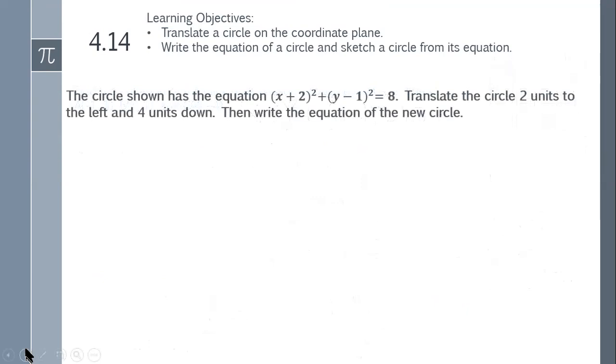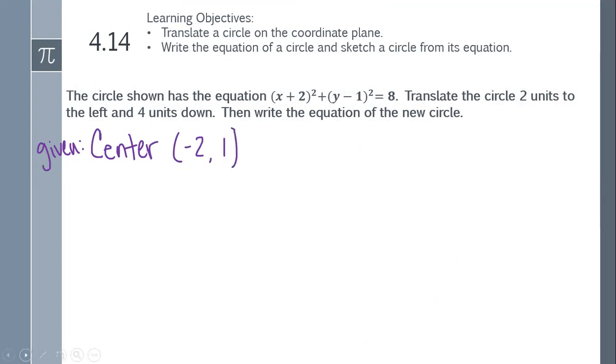All right, so a circle has an equation. Translate the circle 2 units to the left and 4 units down, write the equation of the new circle. So the only piece of information I really need to know is that the center of my given circle is at -2, 1.